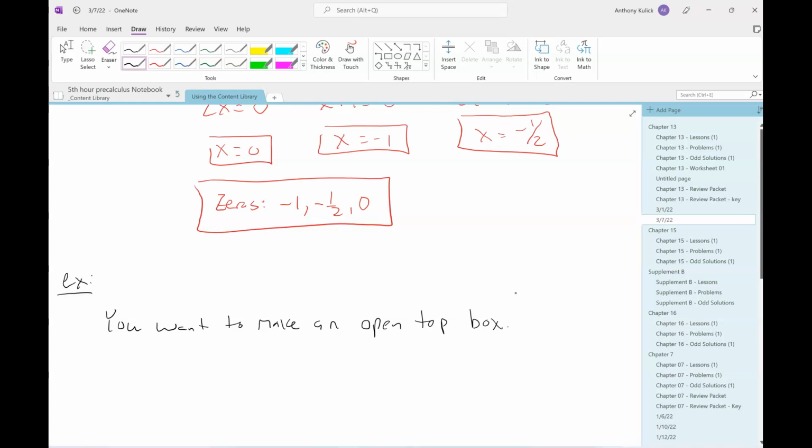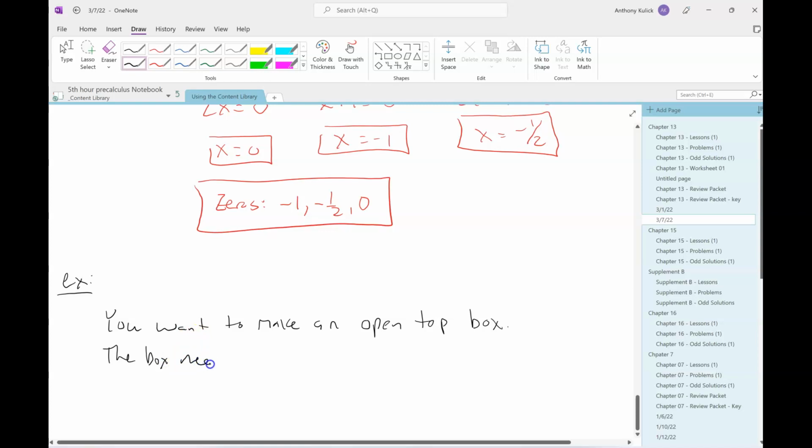You know, something like this. A box without a top on it, right? Shocking. Sometimes the picture helps, right? The box needs to hold 500 cubic centimeters, aka that's its volume.